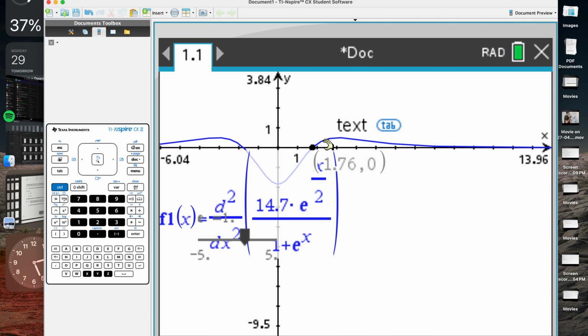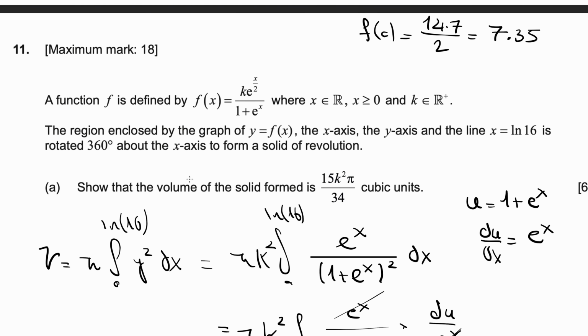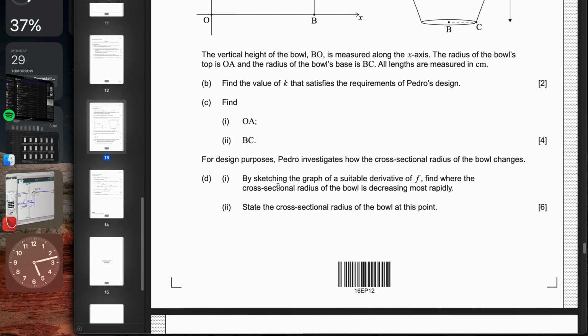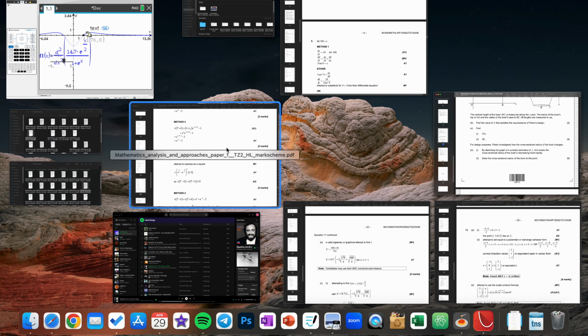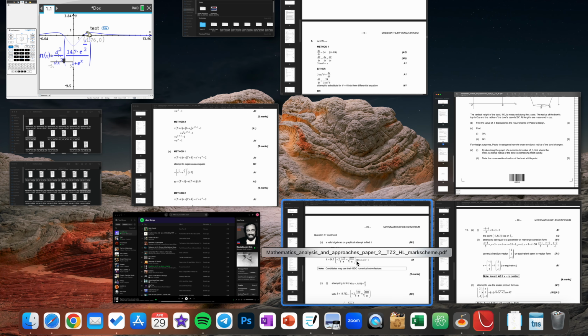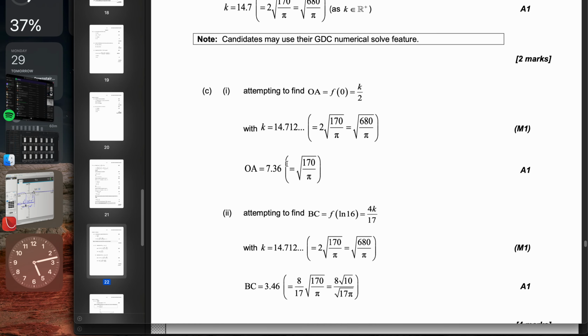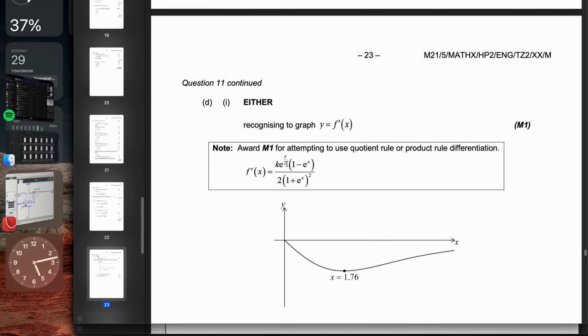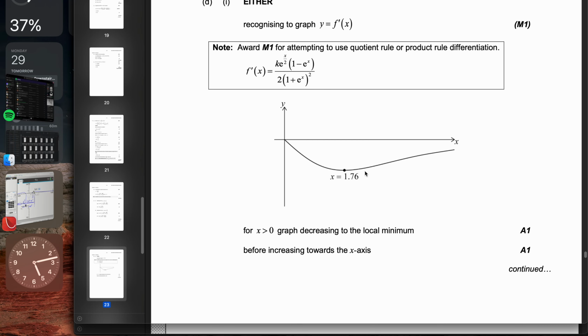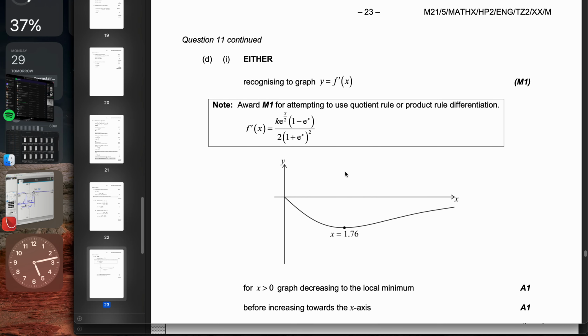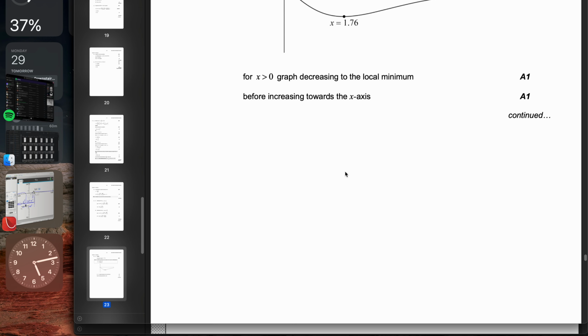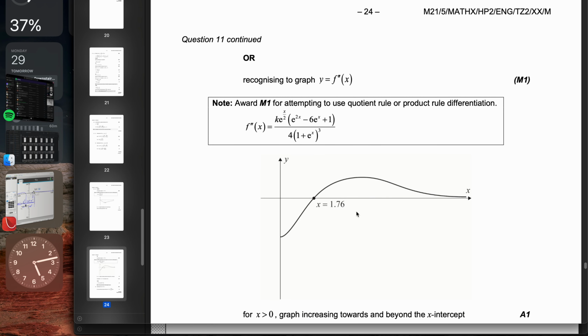And so this is the point where the graph of f prime of x, the rate, is rapidly decreasing. If I check the marking of this, it should be correct, but just for the sake of making sure, yeah, 1.76. So this is the f double prime of x.